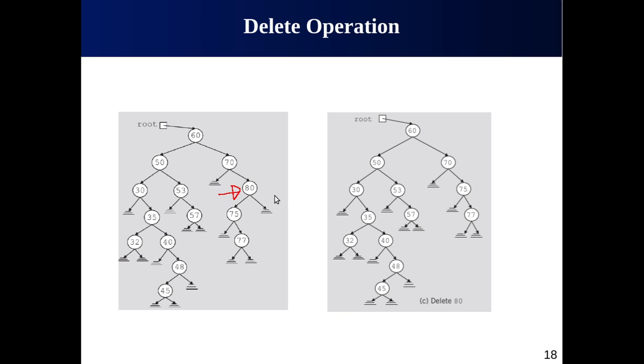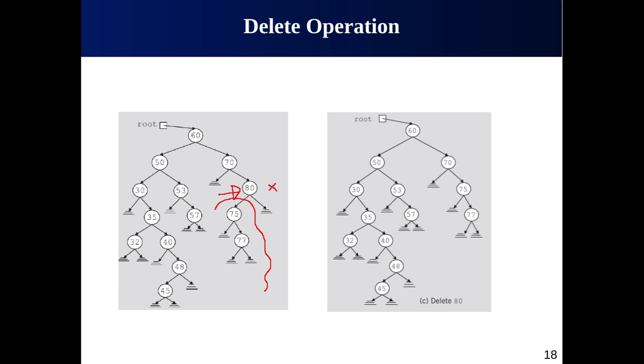As you can see, it does not have a right subtree, but it has a left subtree, which is present here. Now the problem is that if you delete this node, it will disconnect these two trees. So we need a mechanism to re-establish the connection and also maintain the binary search tree property.